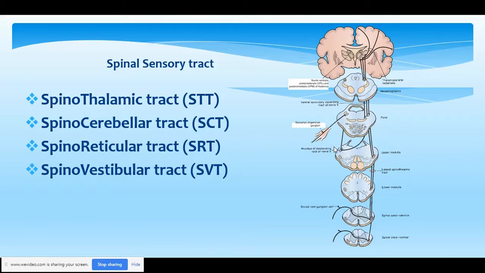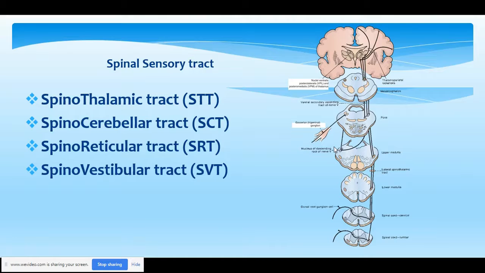A spinovestibular tract, as we mentioned before, concerns the vestibular system, which controls the spinal cord for many extensor outputs. Information comes from the spinal cord to the vestibular system as feedback on how the vestibular system is functioning, and the vestibular system can also use it to control the motor output at the spinal cord.